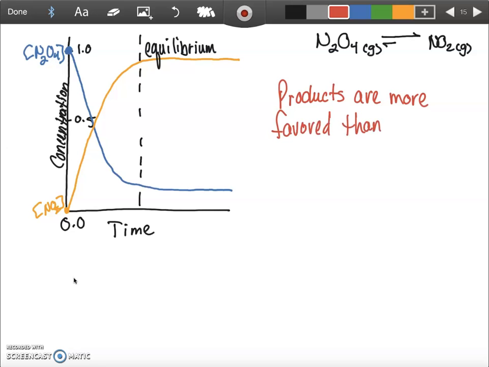than the reactants. Now you should be able to identify and determine how the equilibrium is favored by looking at such graphs. Okay? With a reaction that's more favored in the forward direction, you're going to end up with a lot of product at the end of the day.